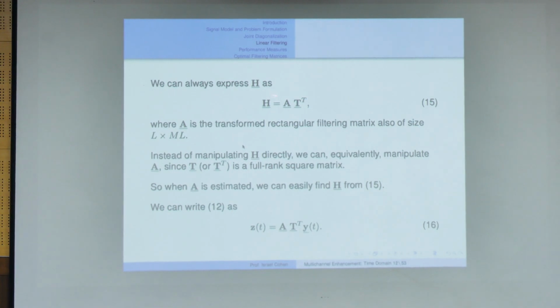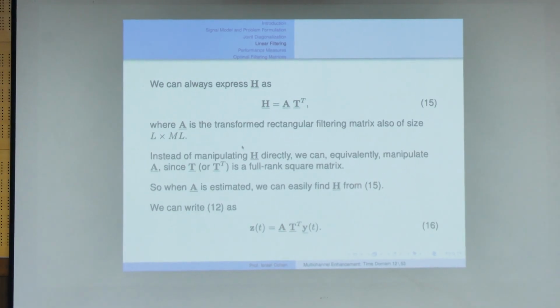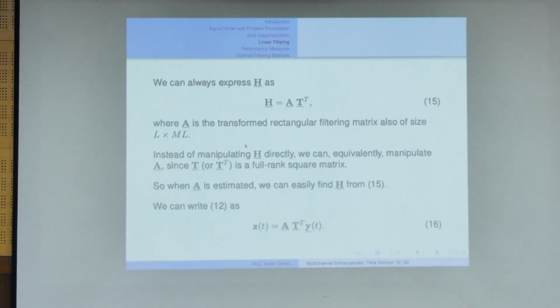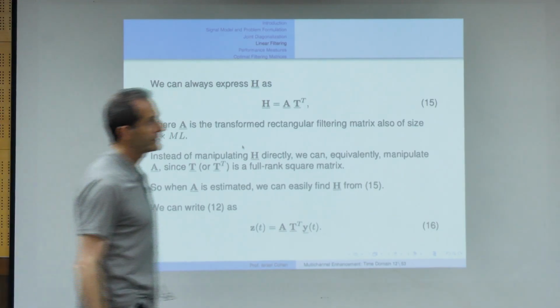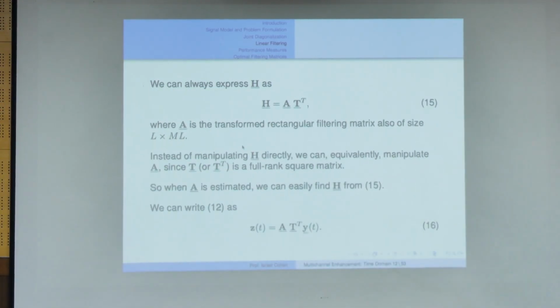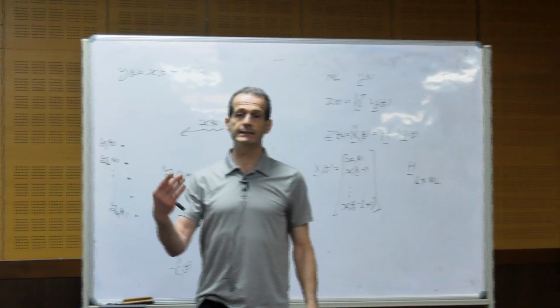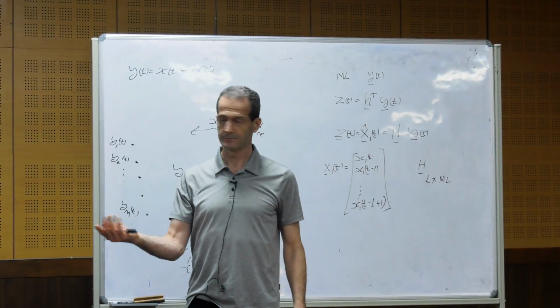This means that instead of finding the matrix H in the spatial-temporal domain, because it contains sensors in the spatial domain and also samples in the time domain, working with vectors of size ML like this, we call it enhancement in the spatial-temporal domain.